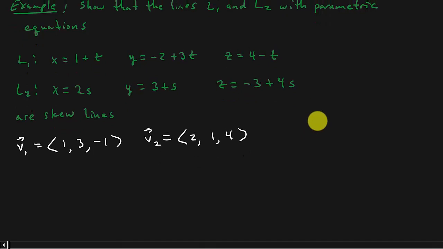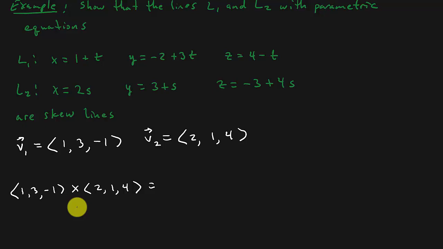And we know that these are parallel if the cross product of those two vectors is equal to 0. If it doesn't equal 0, it means they're not.